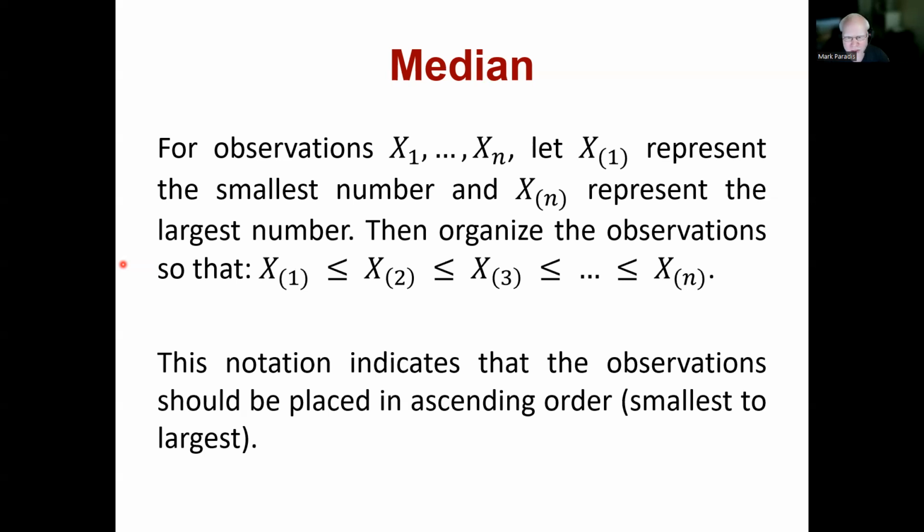So x(1) is smaller than x(2), which is smaller than x(3), which is smaller than x(4), and so on, all the way up to x(n). When dealing with the median, unlike the mean, the first thing you always have to do is put your observations in order from smallest to largest. So ascending order, smallest to largest.